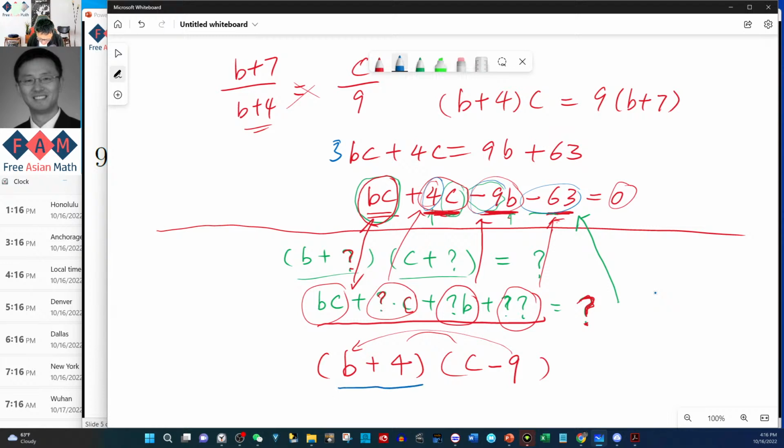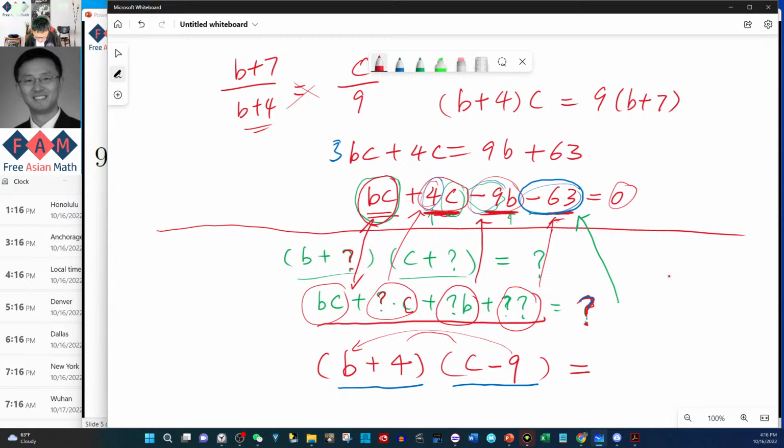But once you do that, you can always write down your expression in such a way so you get b plus 4 times c minus 9. But remember, we cannot perfectly match the negative 63 here, but that's okay because we still have another number to write on the right hand side of the new equation.